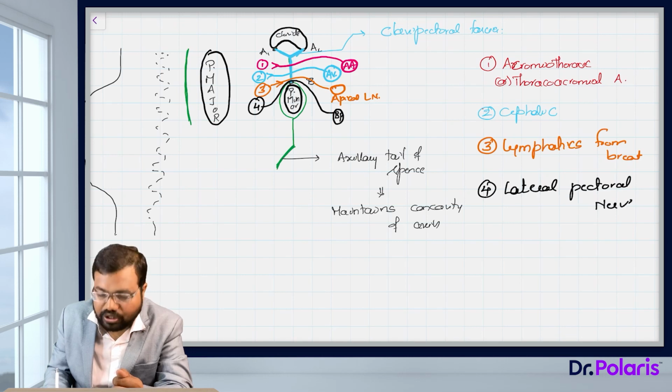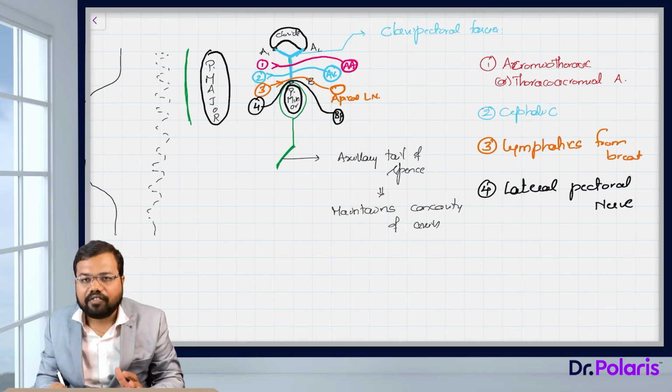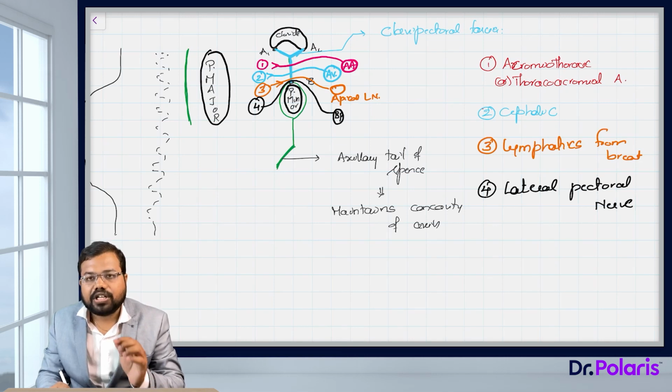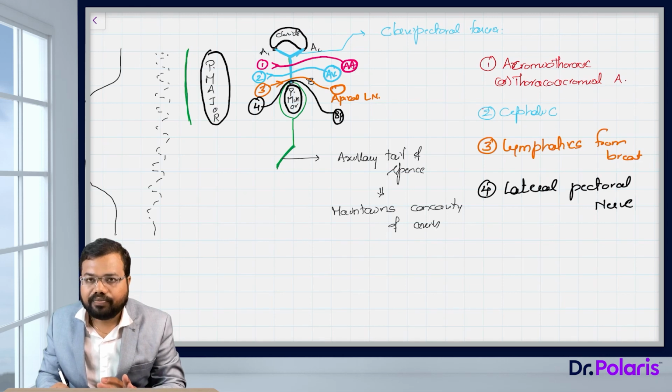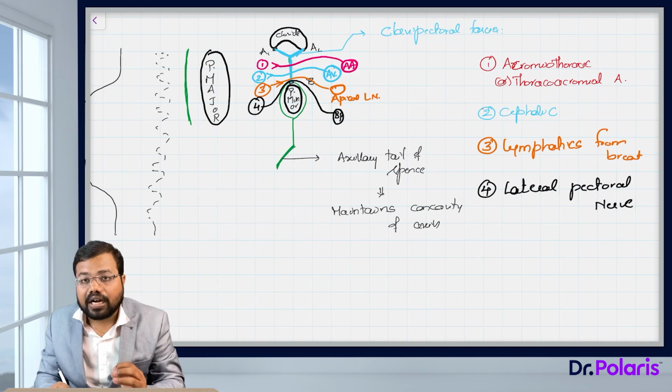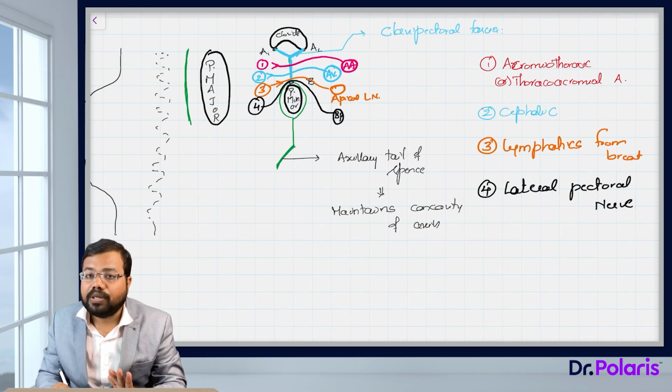So these are the 4 structures that pierce the clavipectoral fascia. Again I'm stressing, the clavipectoral fascia is between the clavicle and the upper border of pectoralis minor. Below the pectoralis minor, it is not called clavipectoral fascia. It continues as the axillary tail of Spence below the lower border of pectoralis minor.